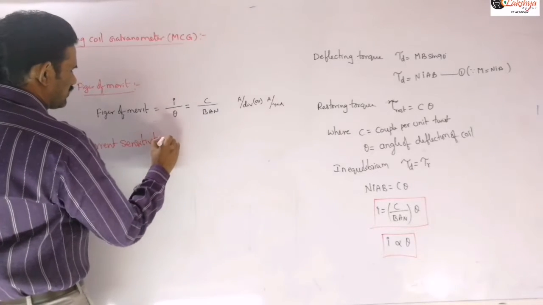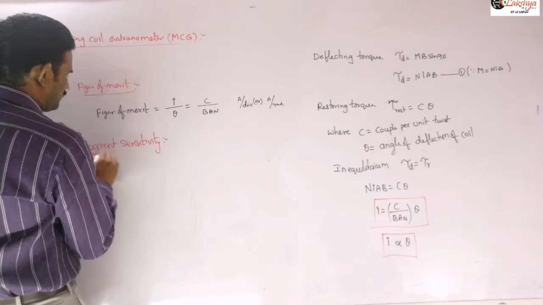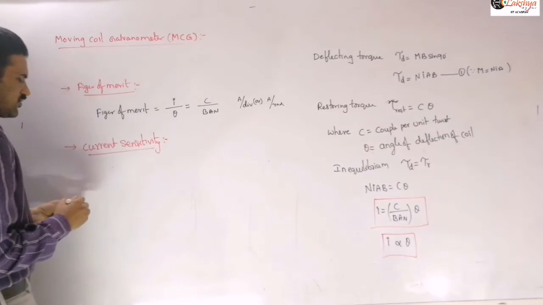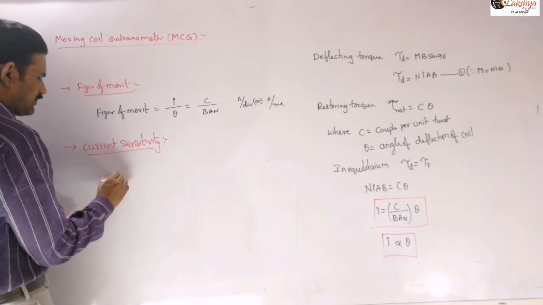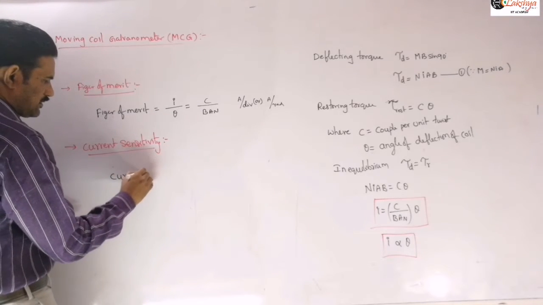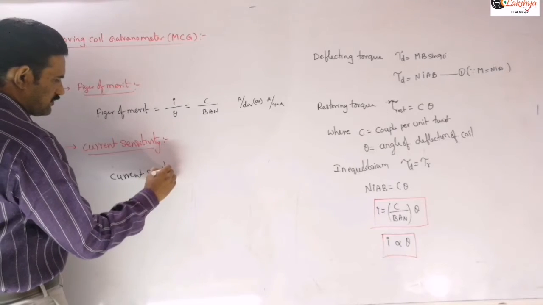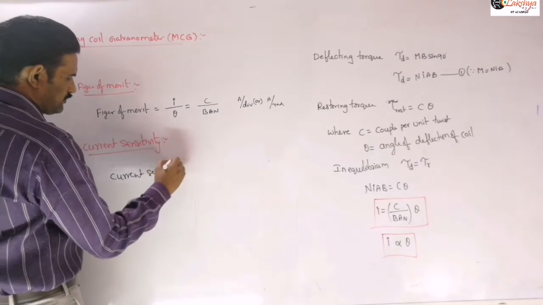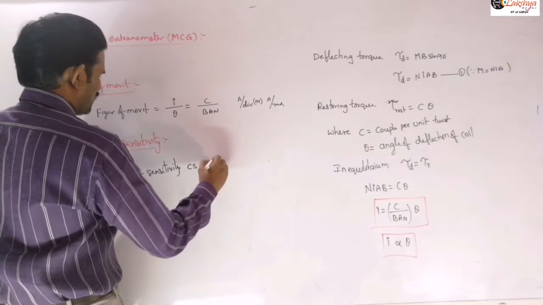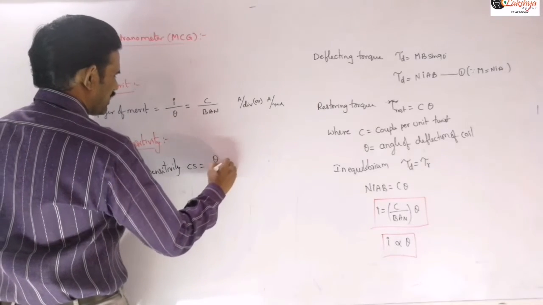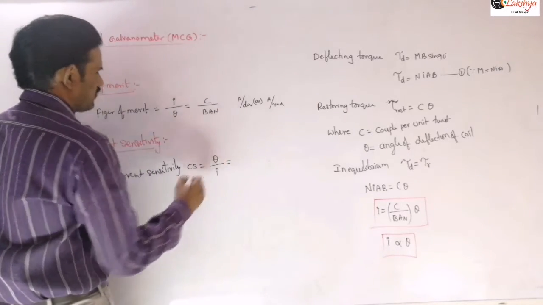Current sensitivity. Here the current sensitivity Cs is defined as θ by I, the reciprocal of the figure of merit.